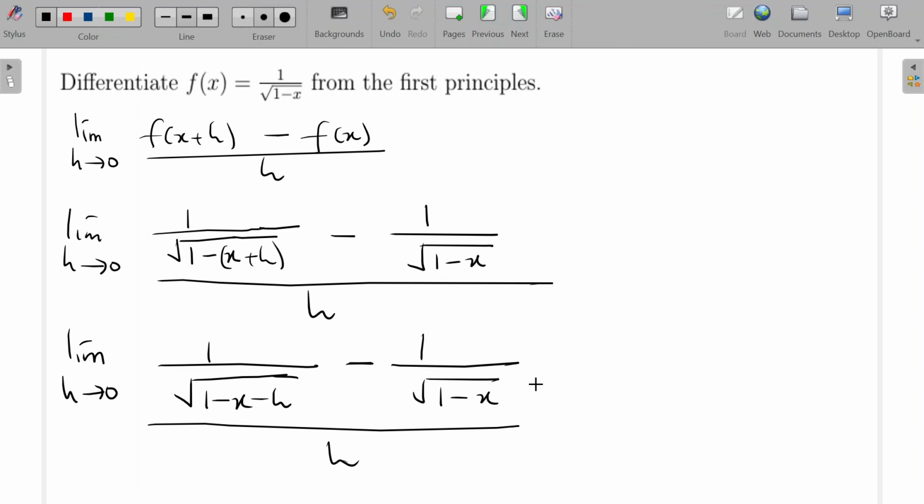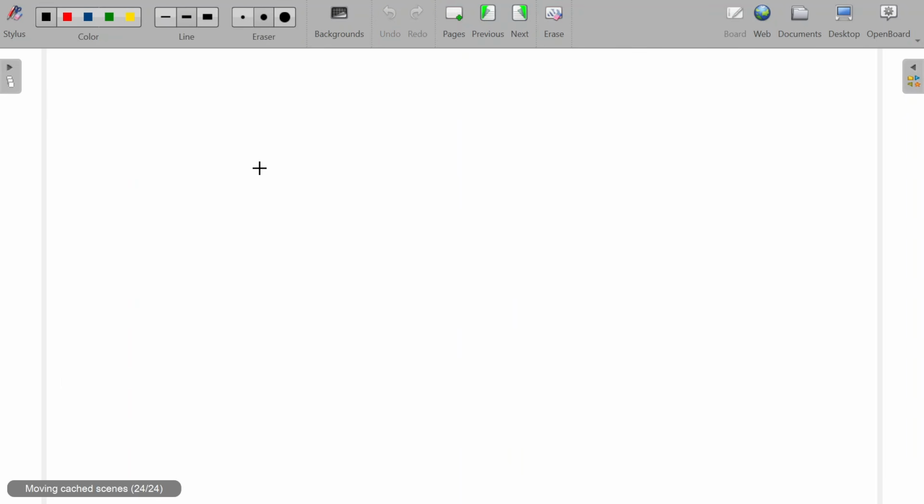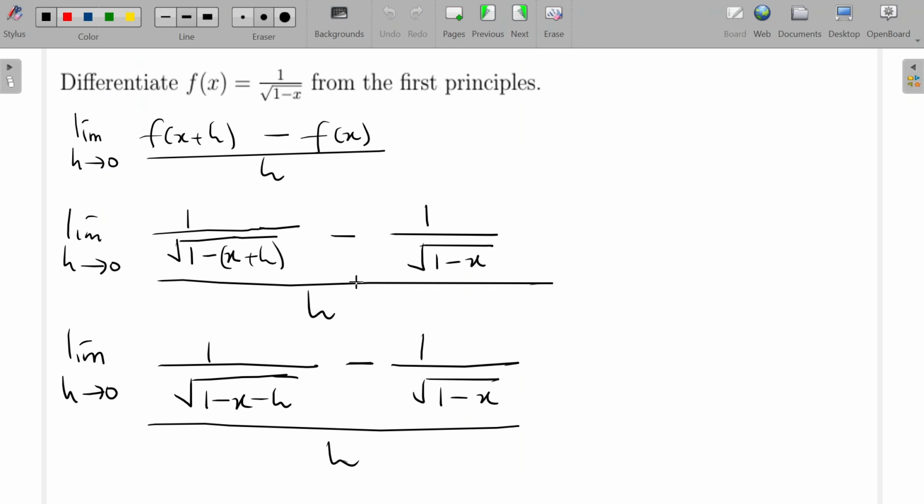To avoid those errors, let us first simplify this. Before I do that, let me go to another page. I'll say limit as h approaches 0. On this side, I'm going to find the common denominator so that I can simplify what is on top.